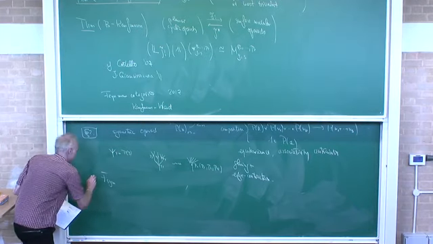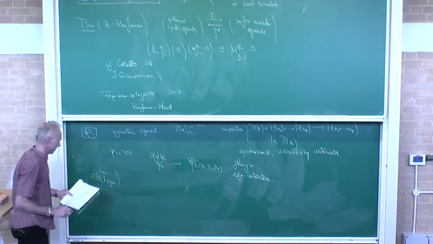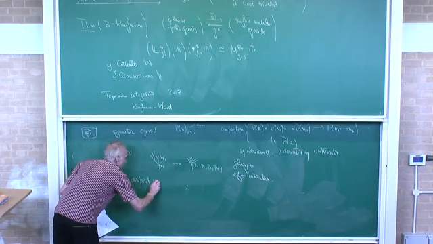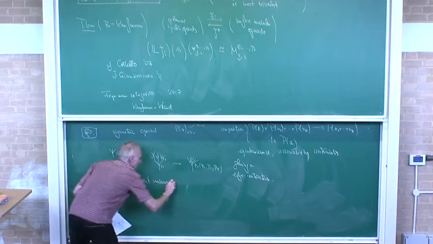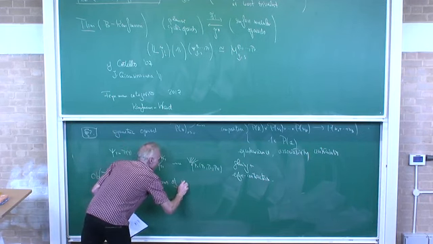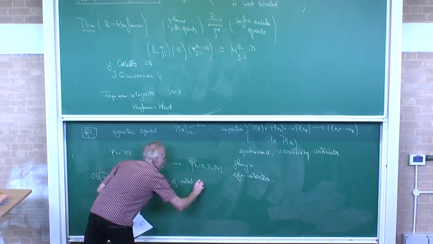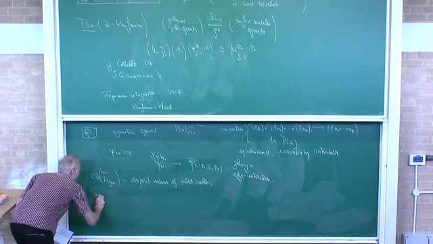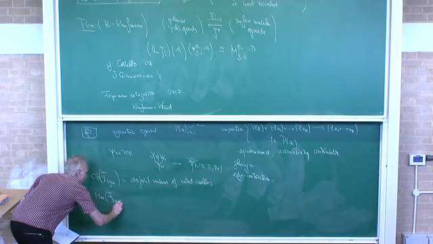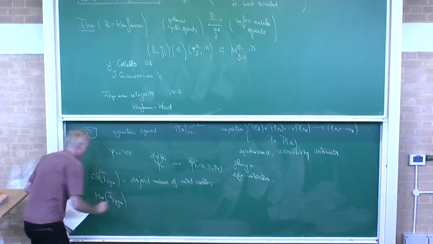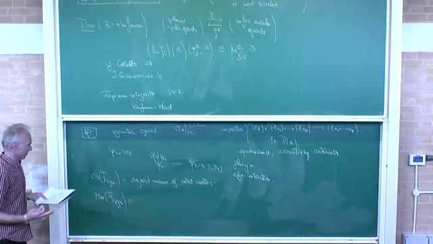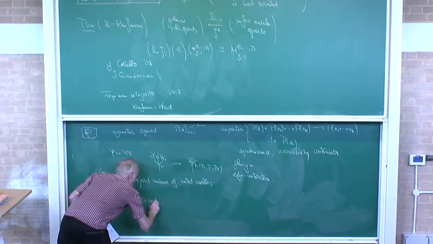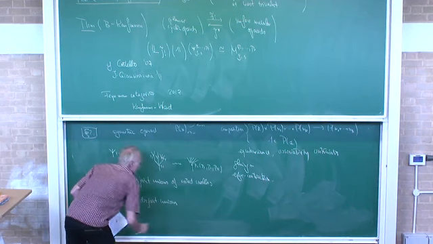The objects of this Feynman category are disjoint unions of rooted corollas, and the morphisms are disjoint unions of rooted trees.